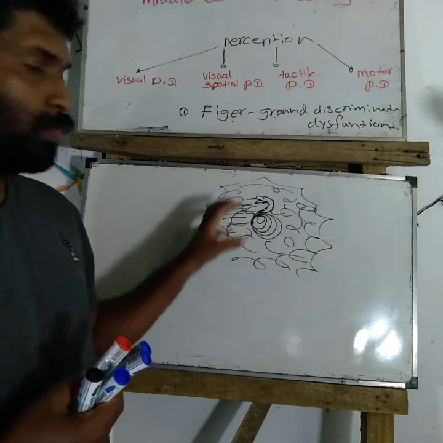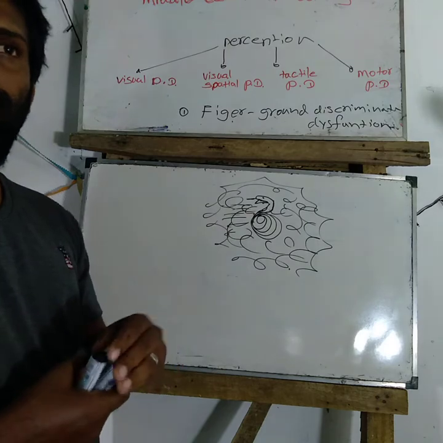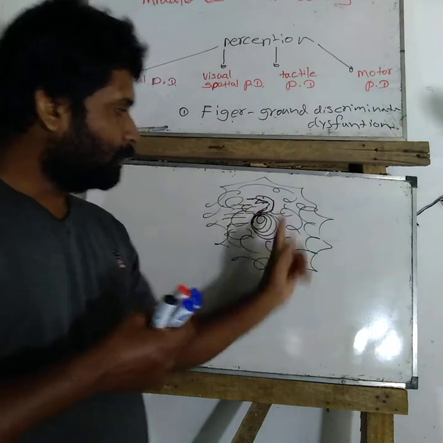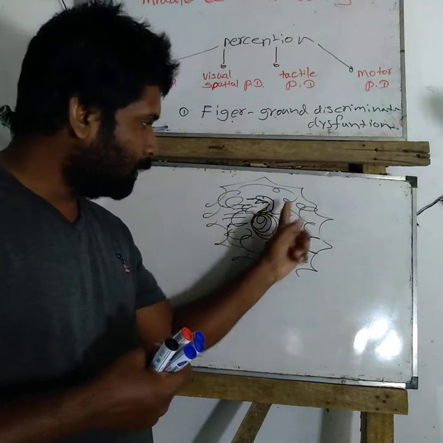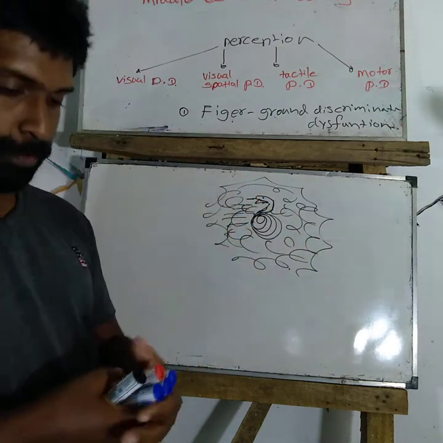The snake is also inside this area, but suddenly we can't understand there is a snake in this area. This is also the figure ground problem.